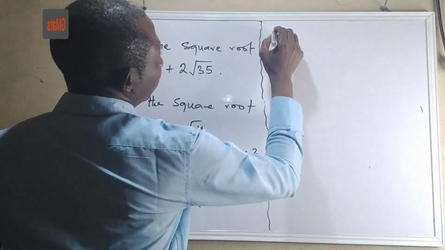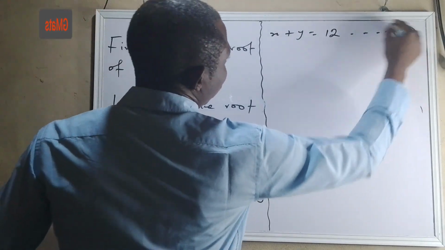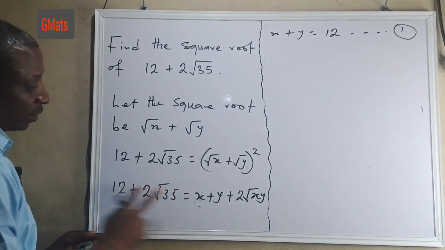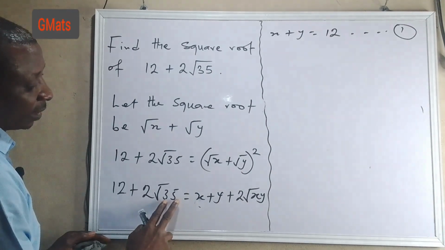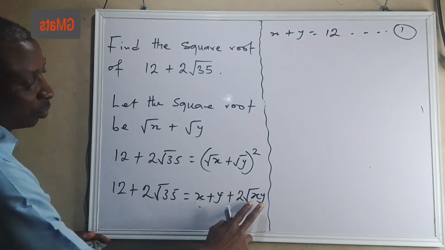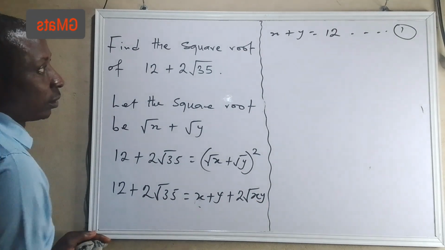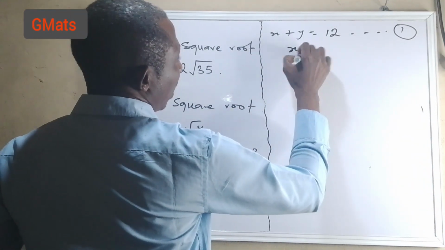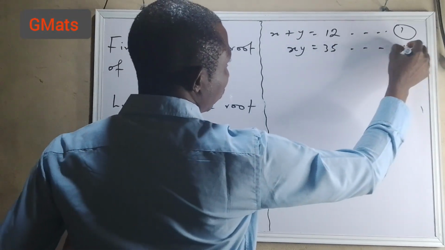So x plus y equals 12, and we call that equation 1. The 35 is equivalent to xy, so we have xy equals 35. That is equation 2.